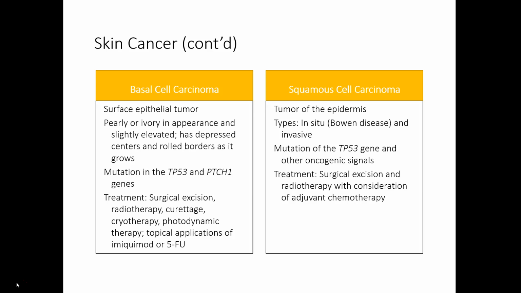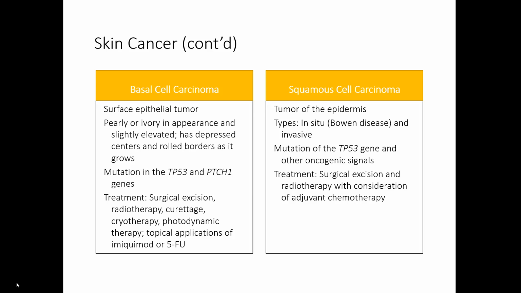Basal cell carcinoma involves mutation in the TP53 and PTCH1 genes, and treatment is typically surgical excision, radiotherapy, curettage, cryotherapy, photodynamic therapy, and topical applications of Aldara or 5-FU. Squamous cell carcinoma is a tumor of the epidermis, and there are types: in situ, which is Bowen disease, and invasive.